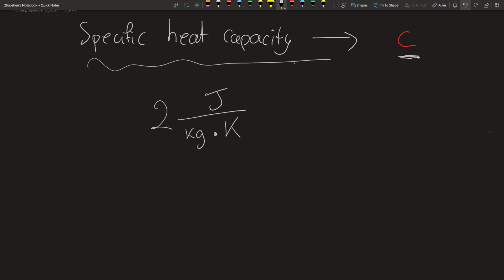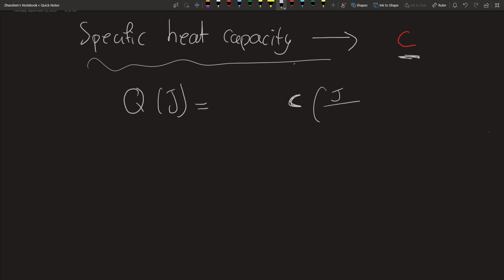This is usually given in a question, and you do calculations around it. If Q is measured in joules, and we want to find Q, but we only have c, and c is in joules per kilogram Kelvin, how do we turn joules per kilogram Kelvin into joules only?